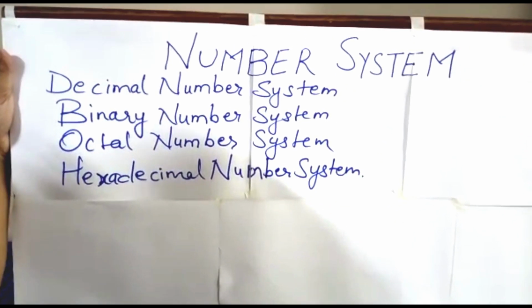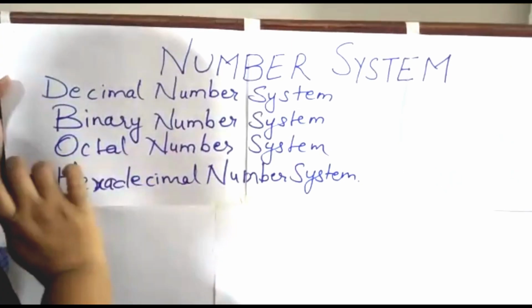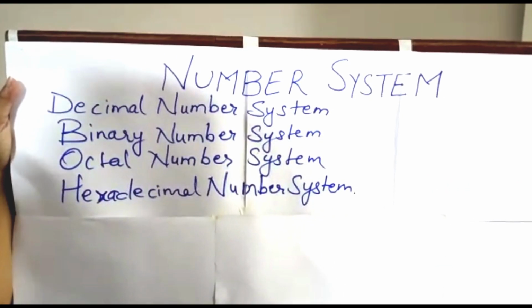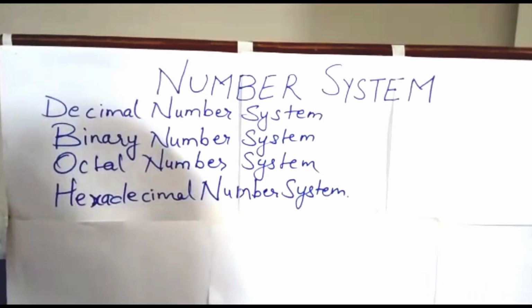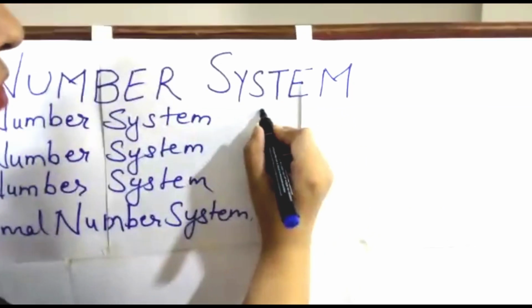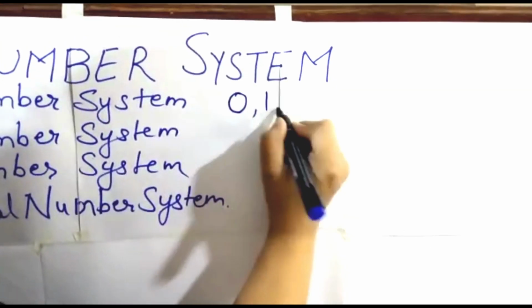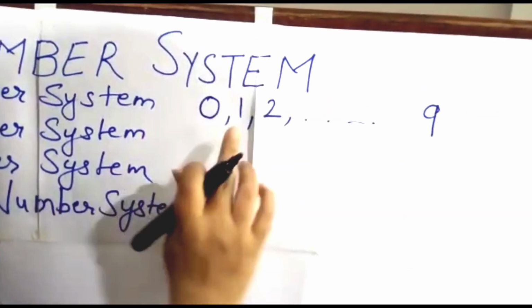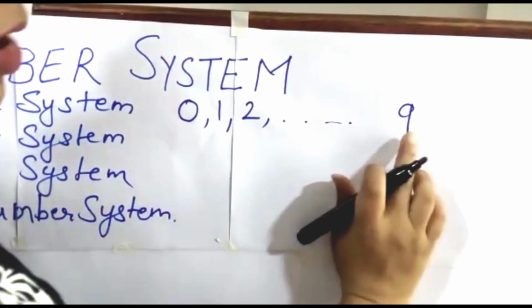Most of our arithmetic operations are performed with decimal number system which we are using in our daily life. So, why it is called decimal number system? Because it consists of digits from 0, 1, 2, 3 till 9. So, there are in all total 10 digits.